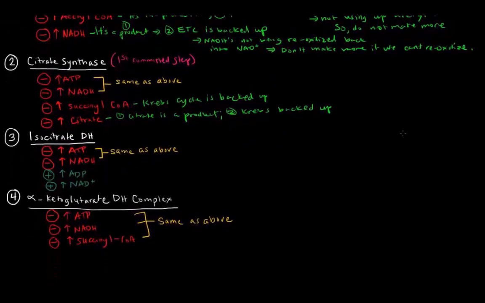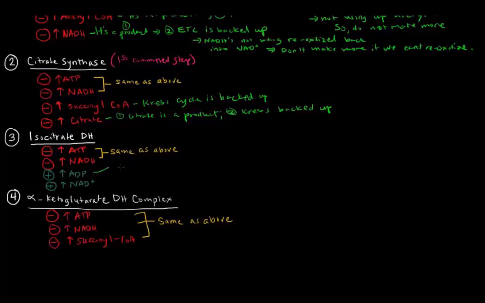Okay, so isocitrate dehydrogenase is also inhibited by high levels of ATP and high levels of NADH, for the very same reason as citrate synthase and the PDH before it. They indicate higher energy levels and backup of the ETC, so you don't want to keep making more of those things. However, this enzyme has activators: high amounts of ADP and high amounts of NAD+.